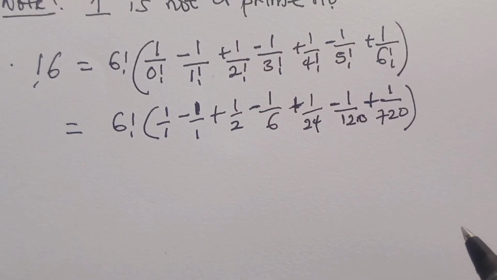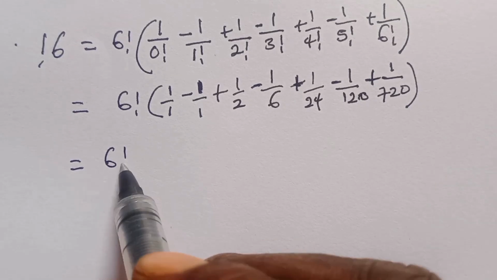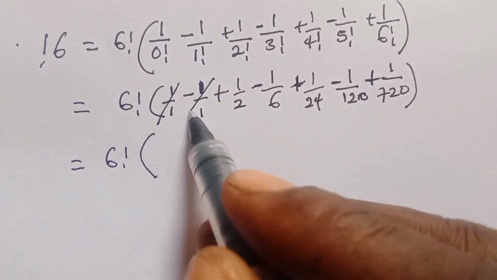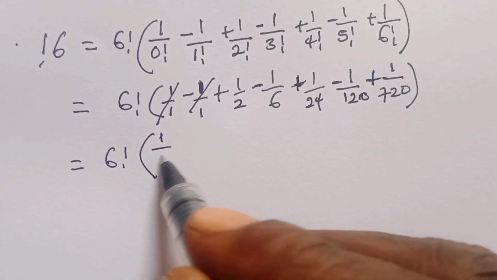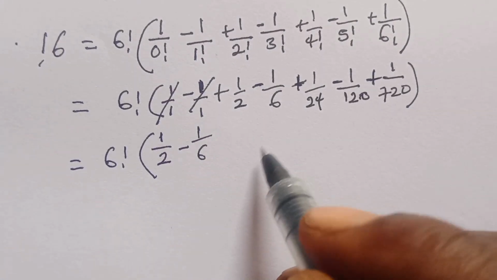What this is telling us is that if you expand all that you have in your denominator, you must have what I have there. So 1 over 1 minus 1 over 1 will cancel out each other.